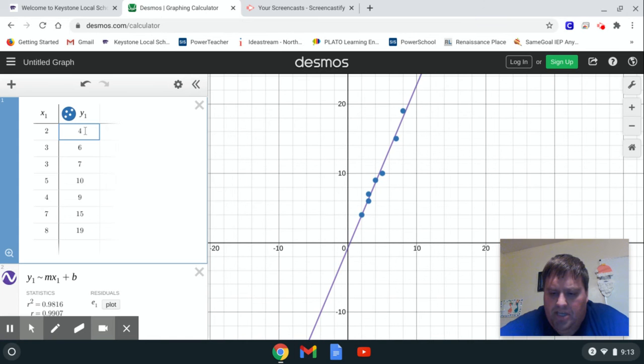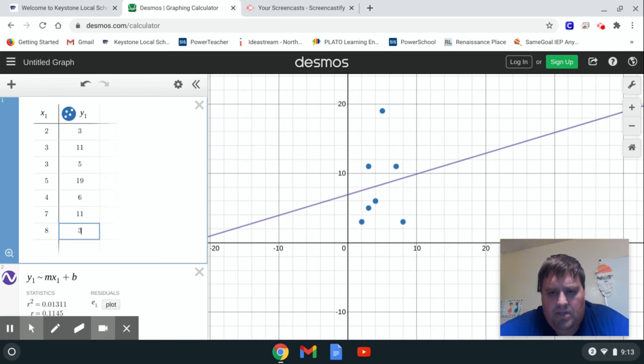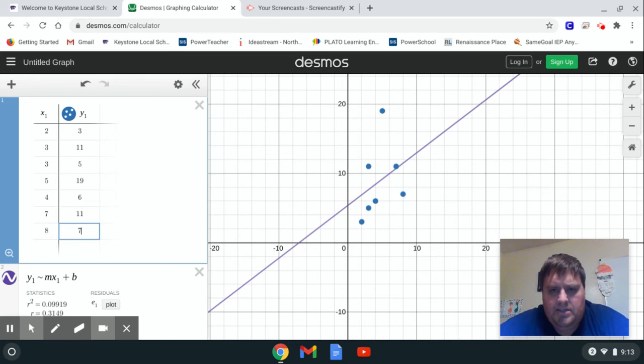If I change some numbers up, let's say this is 3, this is 11, this is 5, this one's 19, this one's 6, let's see, 11, and let's say the 19 is really a 13. Nope, not 13. 17.